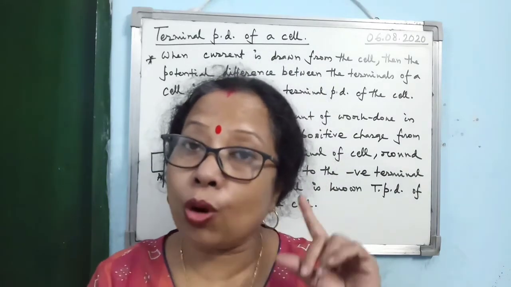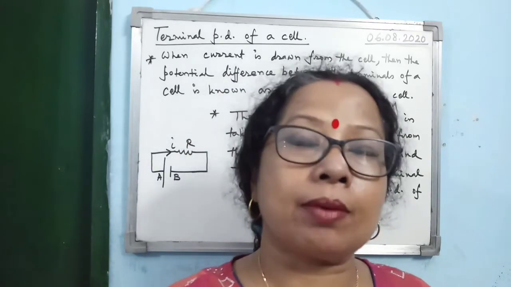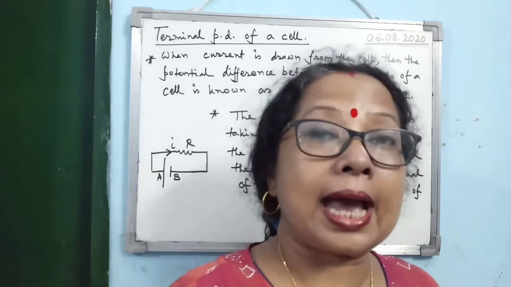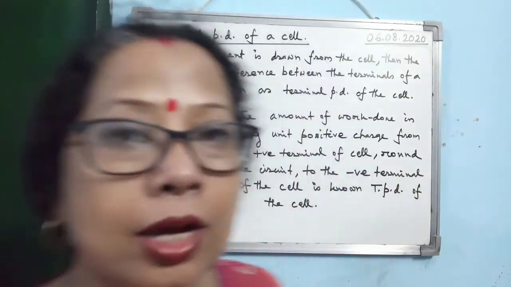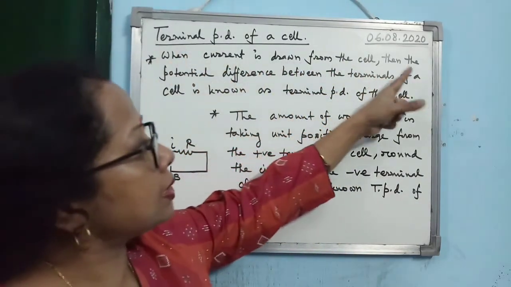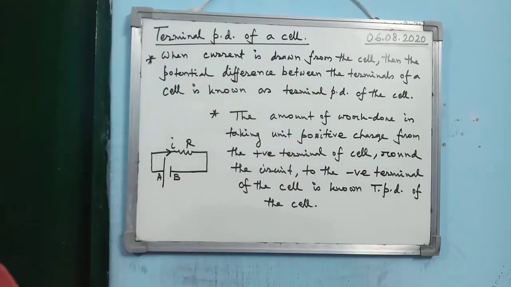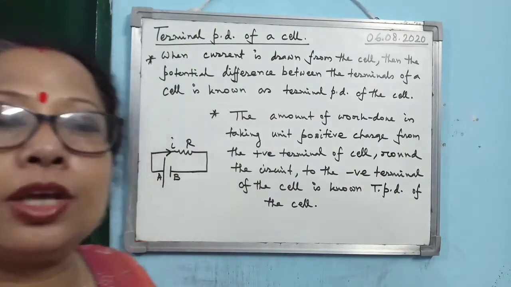Whereas when no current is drawn from the cell, then the potential difference between the terminals of the cell is known as EMF of the cell. Alright, so this is the difference, you have to understand it. When current is drawn from the cell, then the potential difference between the terminals of the cell is known as terminal PD of the cell.